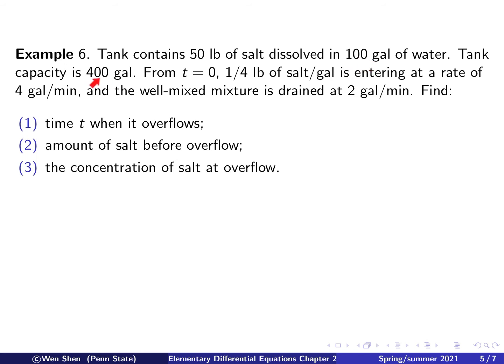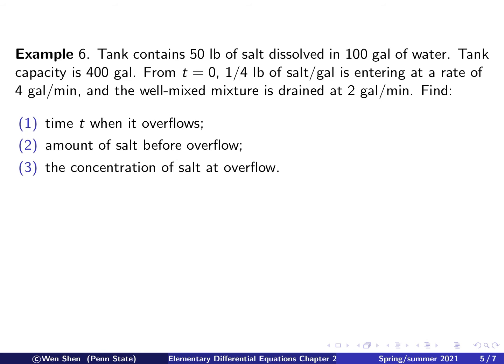The tank has a capacity of 400 gallons. If you pour more than that, it will overflow. From t equals 0, we start to pour a mixture into it. The mixture has a concentration of 1 pound of salt per gallon, and it's entering at a rate of 4 gallons per minute.